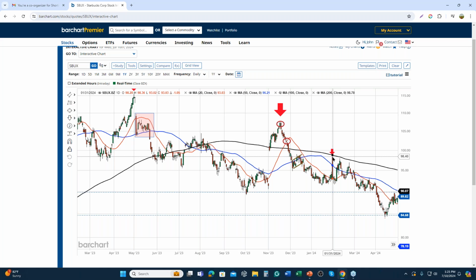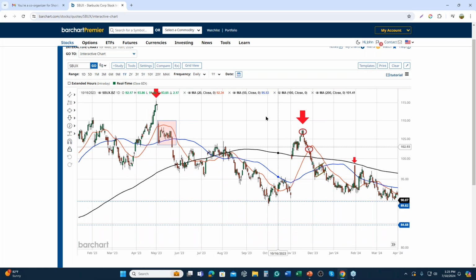Now, what's interesting about this example is, notice that our twins here, I'm in a daily chart here, where did price stop going up? Well, it stopped going up in one of those little bear flags from a previous parabolic move.